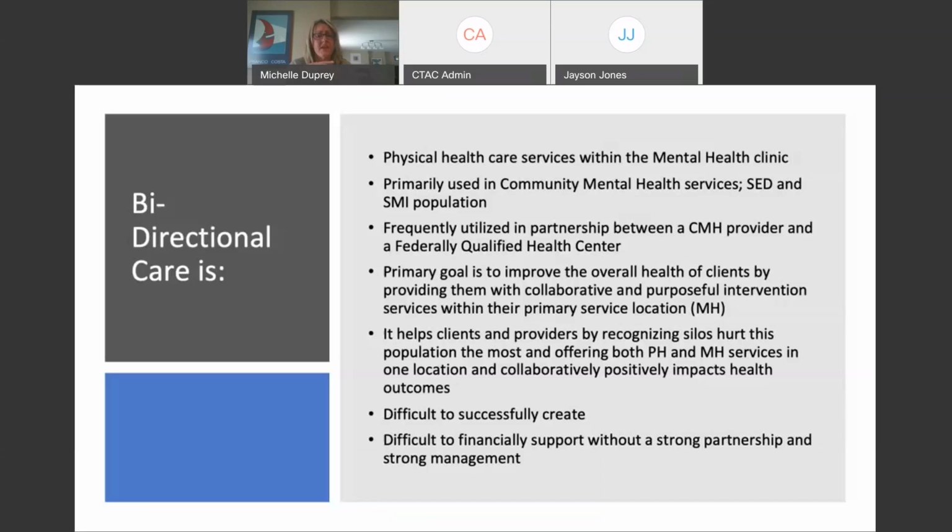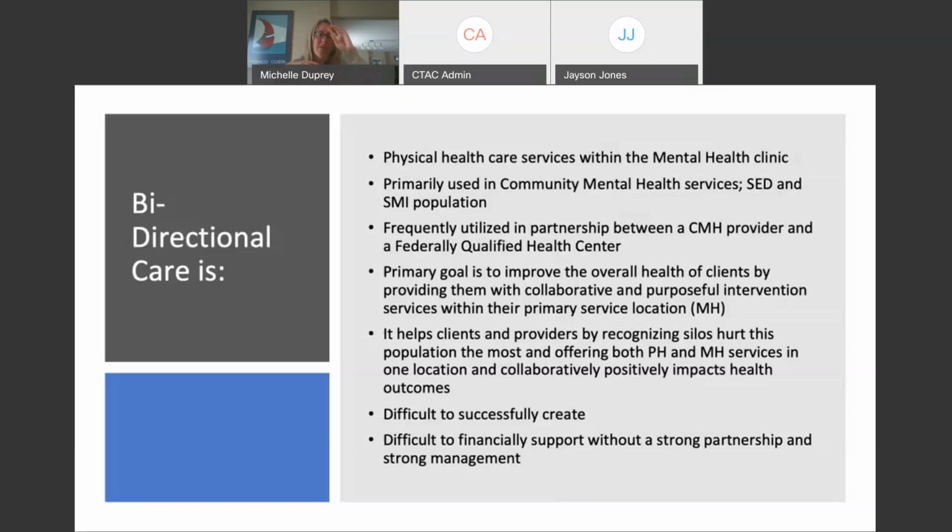With children, it can be a little different because a lot of parents say, I really like my pediatrician and I don't really want to get these services from my mental health clinic. There's really a connection, I think, between parents and pediatricians. It might be a little different for adults with their primary care doctor. As I mentioned, the best way I've seen this work is when it is a community mental health provider partnering with a federally qualified health center.